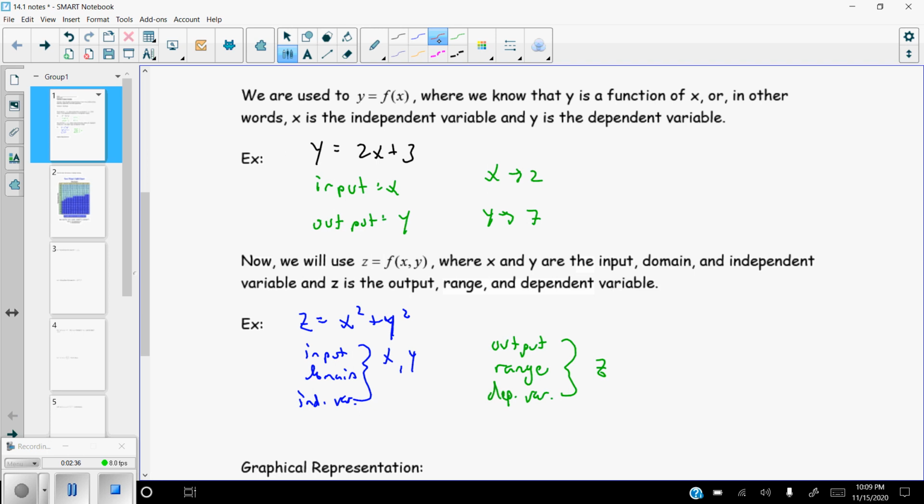So if you were to say x is 2, y is 2, we'll keep it simple, then z, 2 squared is 4, another 2 squared is 4, so we're going to get z equals 8. No big deal there. That's the basic idea. So we're going to input two variables and we're going to output a single variable.